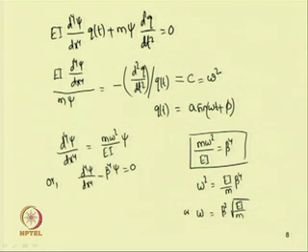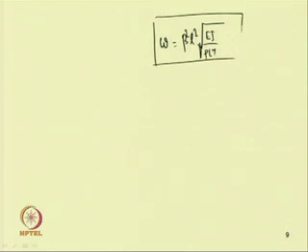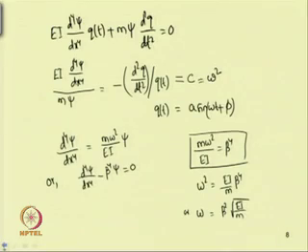or if one multiplies by L, this ω can be written as β²L² square root over EI by ρL⁴. And from this equation one can find the expression for ψ, that is the shape function for different boundary conditions.